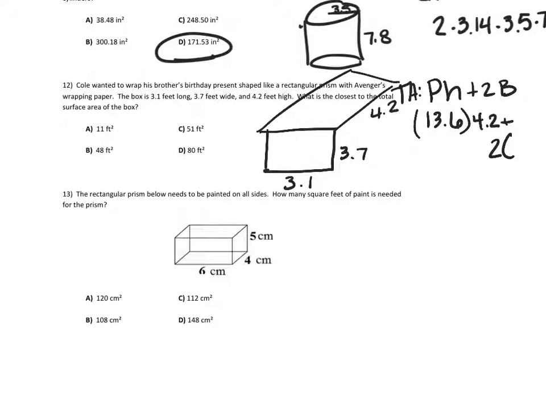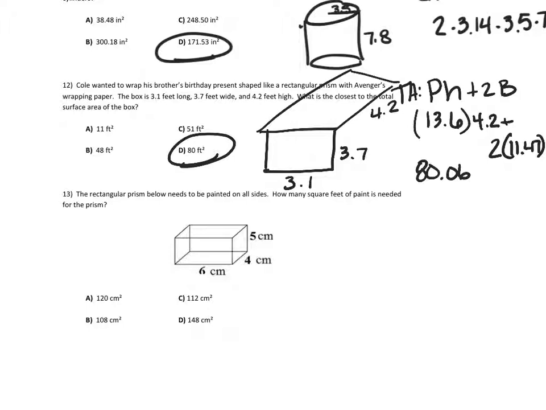So 3.1 times 3.7 is my area of my base. So it's 11.47. Okay, so we have 13.6 times 4.2 plus 2 times 11.47. Okay, and we should get 80.06, which rounds to D.